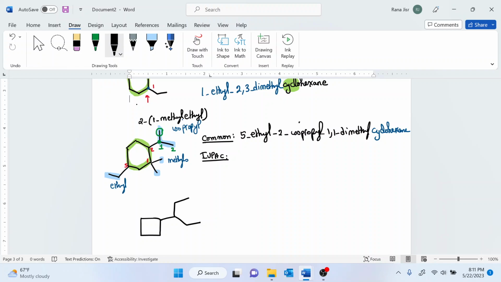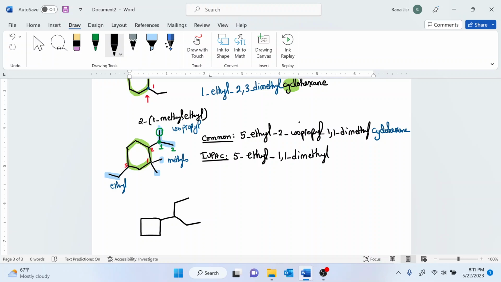And let's go ahead and put it in alphabetical order. So to put it in alphabetical order, the E comes first. So we're going to start with 5, ethyl again. It's not necessary that the order is the same in the substituents when you want to name the common and the IUPAC, but here it happened. And then I do have the methyls come before the methyl ethyl. So I have the 1,1 dimethyl.